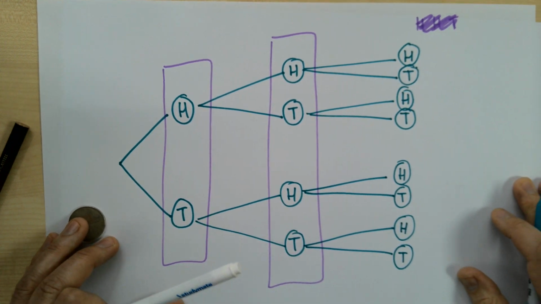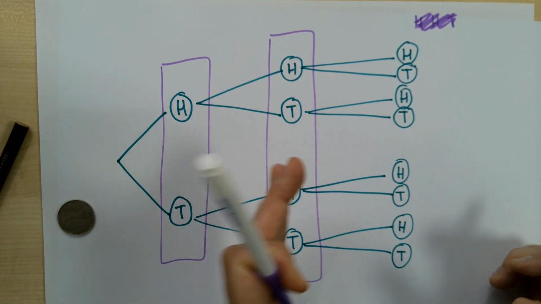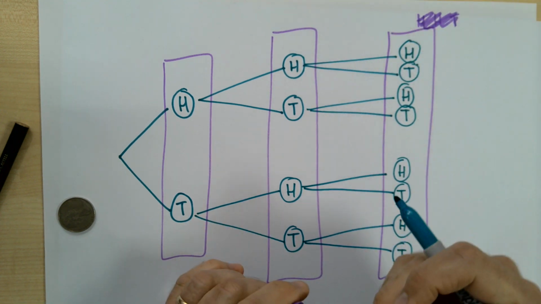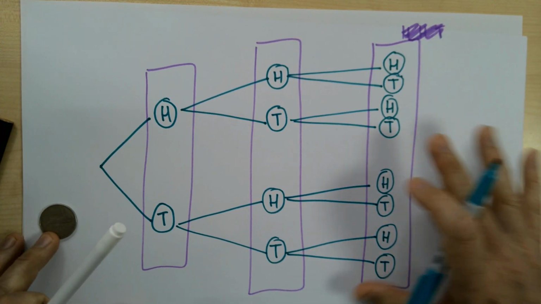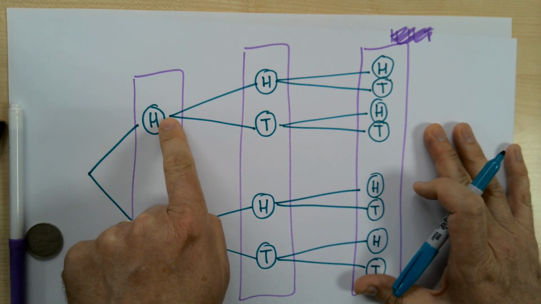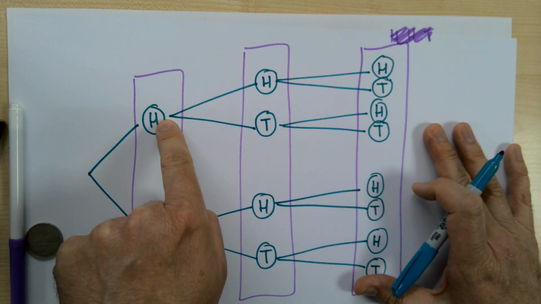All right, and so first throw, second throw, third throw. So what is the sample space? We haven't got the sample space yet. This is just a tool to get the sample space. So what we need to do is just follow the line and figure out what's going on.